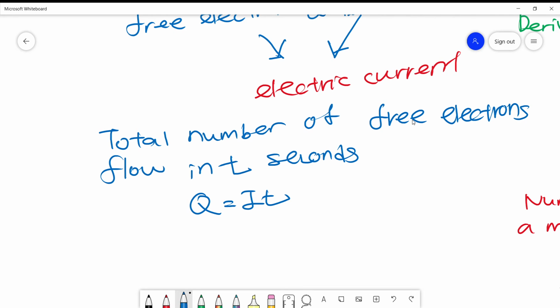For another formula, since the electrical charge is produced by the free moving electrons, the total electrical charge inside the metal is the total of the free moving electrons, so Q equals Ne. The capital N means the total number of free electrons inside the metal wire.